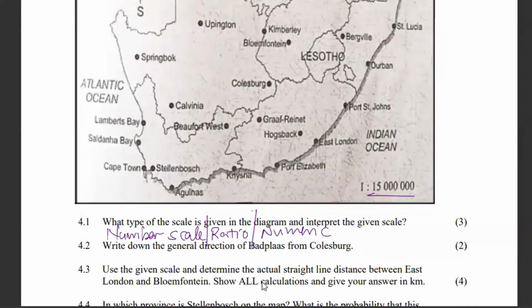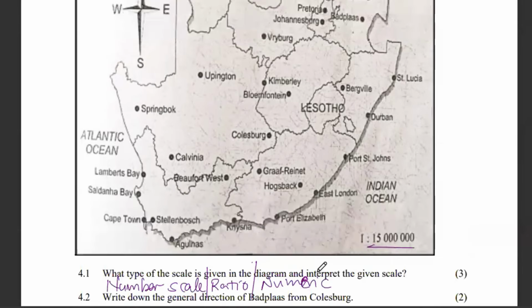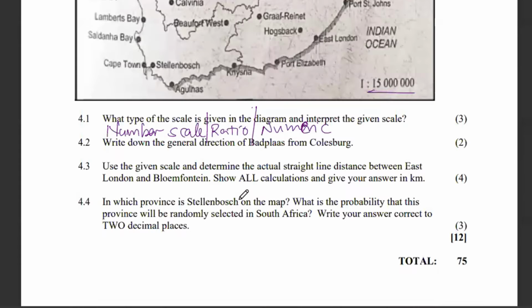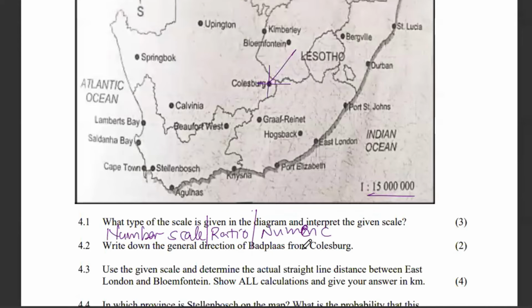Okay, write down the general direction of Barabat from Kolsberg. Kolsberg is here, and you're heading. So from Kolsberg, we are saying it's northeast.